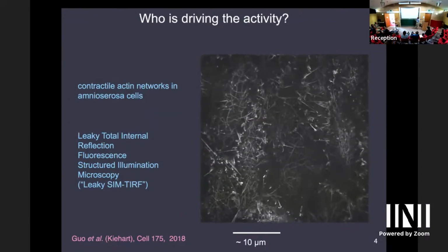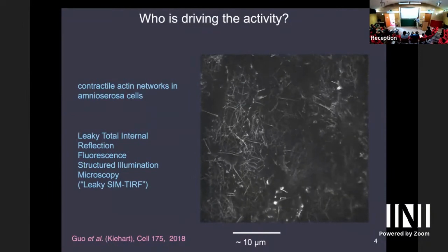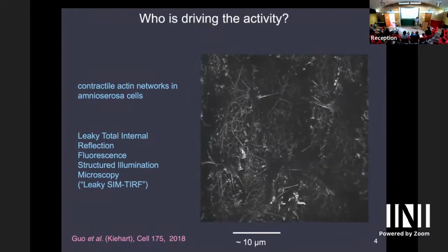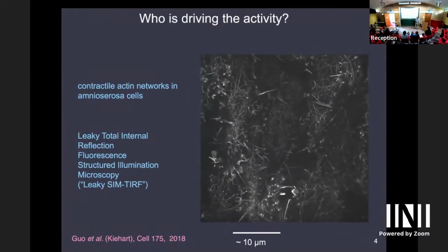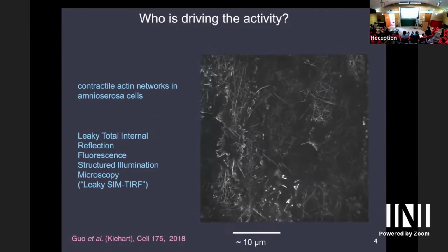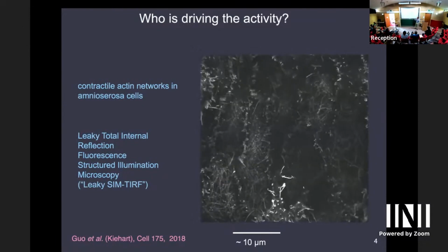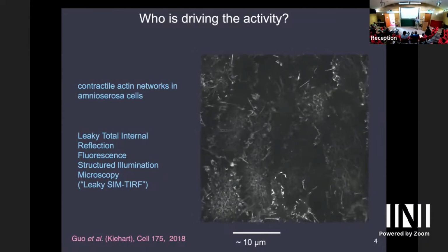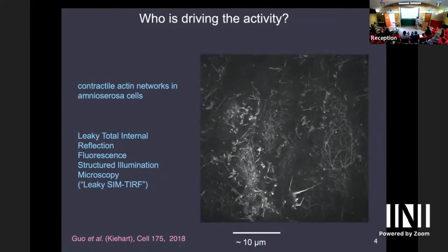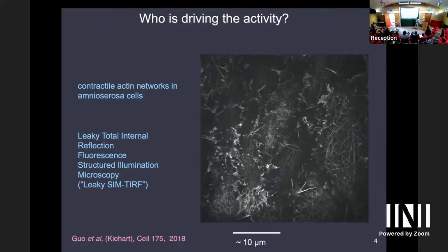And they used structured illumination, one of these super resolution methods, in combination with TIRF. So it's like a surface constraint. They slap the embryo upside down on the glass surface and then use total internal reflection, or leaky, close to total internal reflection, to get a little bit of light into the first layer. And that way they can see single actin filaments.